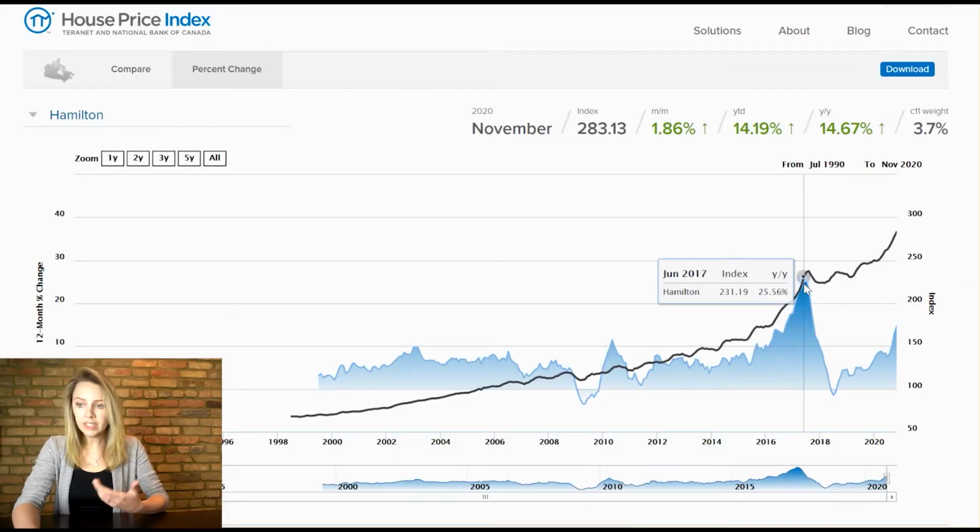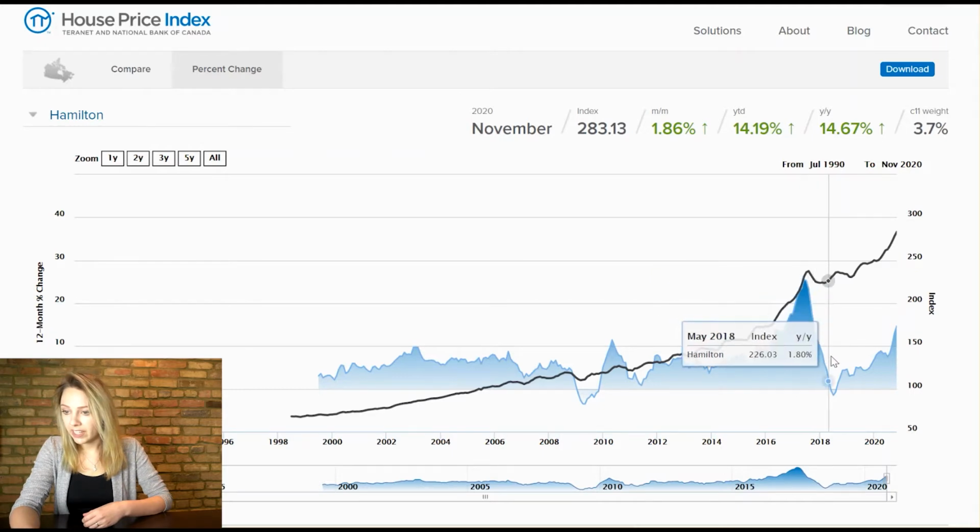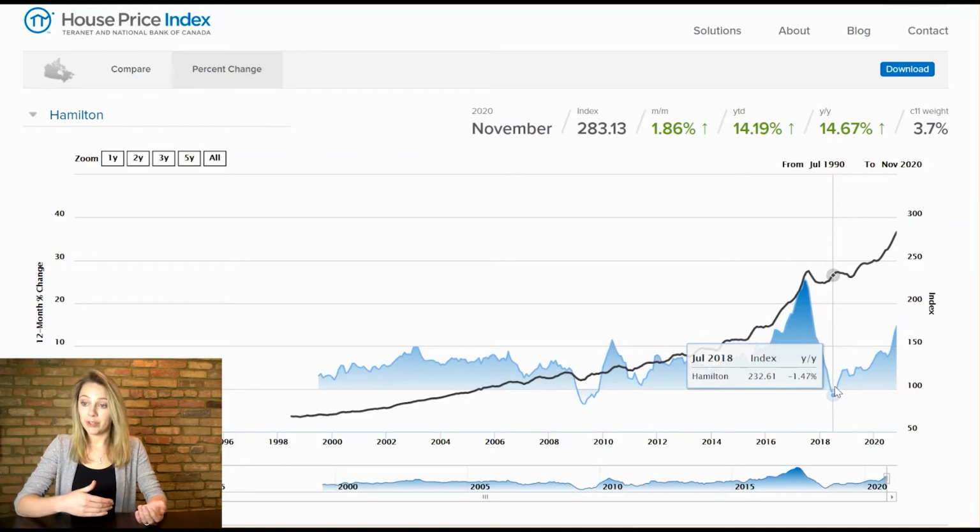So if I use a data point here as an example, let's just say June 2017 in this case, a lot of the naysayers will say, well, if you buy at the top of this bubble, when you go down this trend line, it looks like it's fallen by 25% to July 2018. And this prevents a lot of people from actually pulling the trigger to get into the market. And there's merit to this.